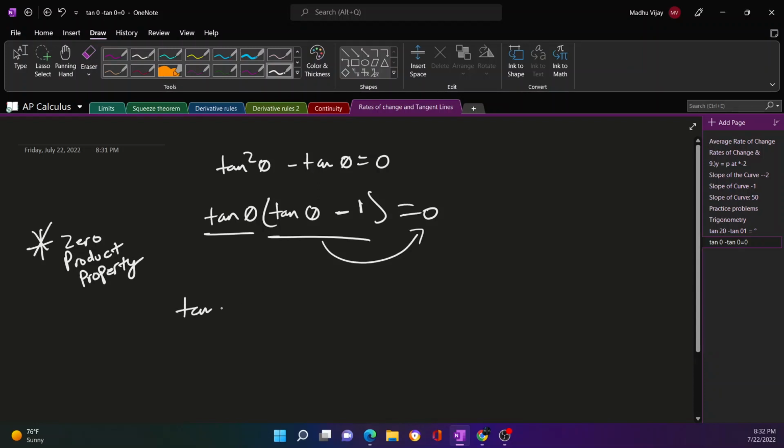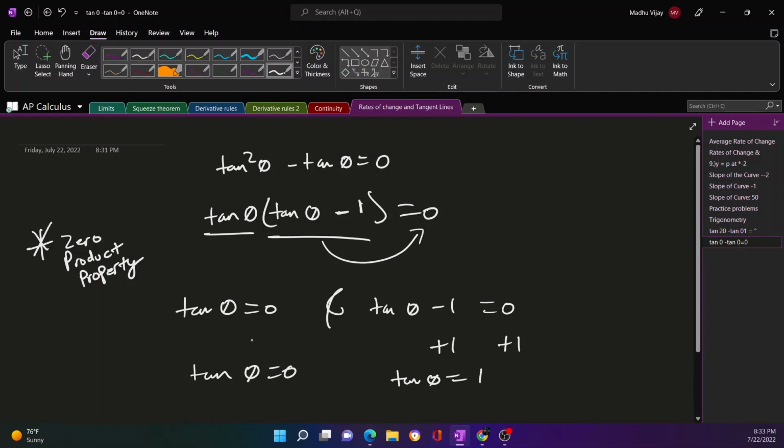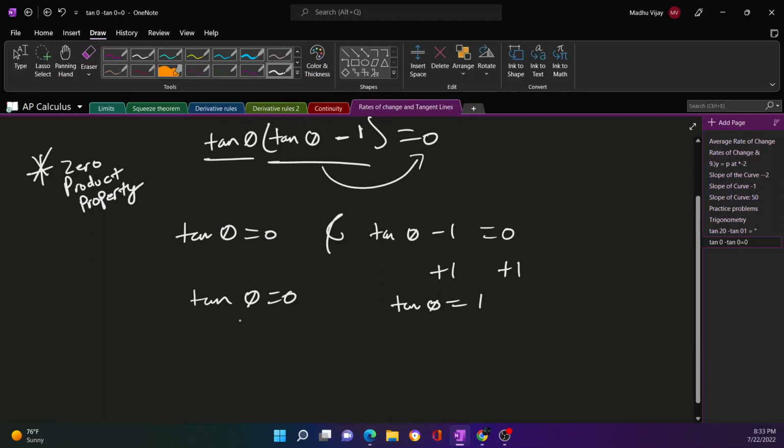So this would be tan theta is equal to 0 and tan theta minus 1 is equal to 0. So if we simplify this further, we get tan theta is equal to 1, and tan theta is just 0. And again, we can use arctan.